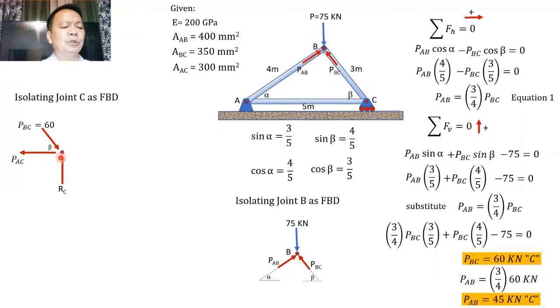Now if we want to solve for P of AC, we apply the condition of equilibrium such that the summation of horizontal forces is equal to 0.